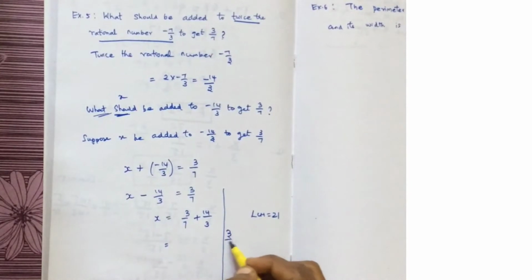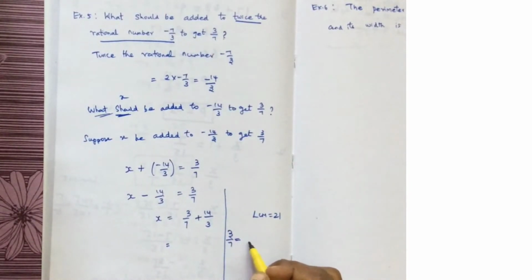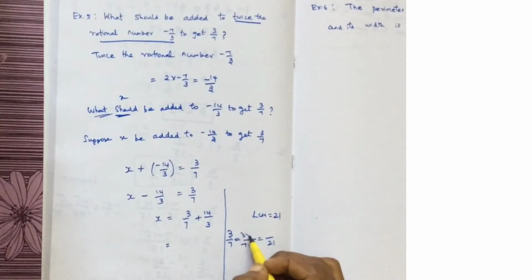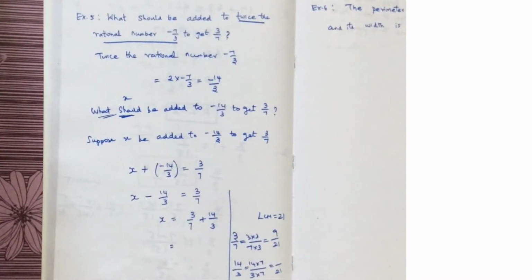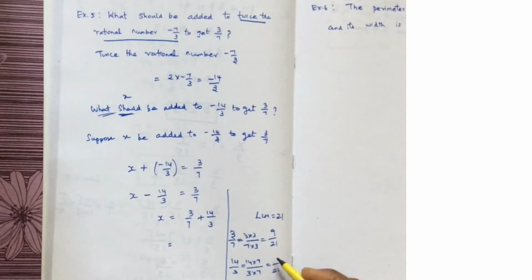So 3 by 7 equals, for 21, 7 multiplied by 3, 3 multiplied by 3 is 9 by 21. The other one is 14 by 3: 3 multiplied by 7 and 14 multiplied by 7. 14 multiplied by 7 is 98.